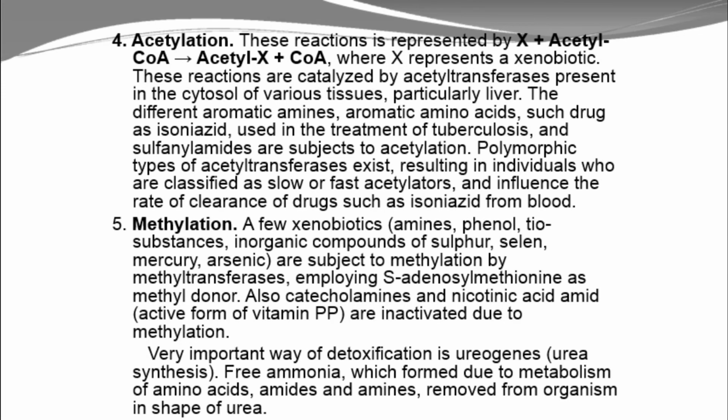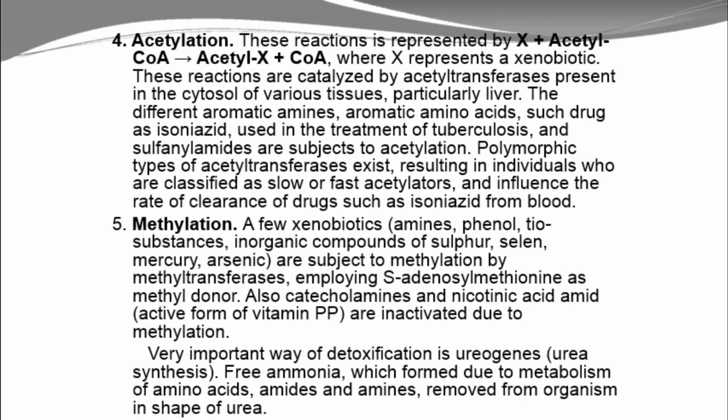Number 4, acetylation. So basically, acetyl coenzyme A may react with certain xenobiotics, and the enzyme acetyltransferase that is found in the cytoplasm of several tissues, specifically liver, may help in performing this reaction. So certain drugs, such as isoniazid used for tuberculosis, can be made deactivated or less toxic.